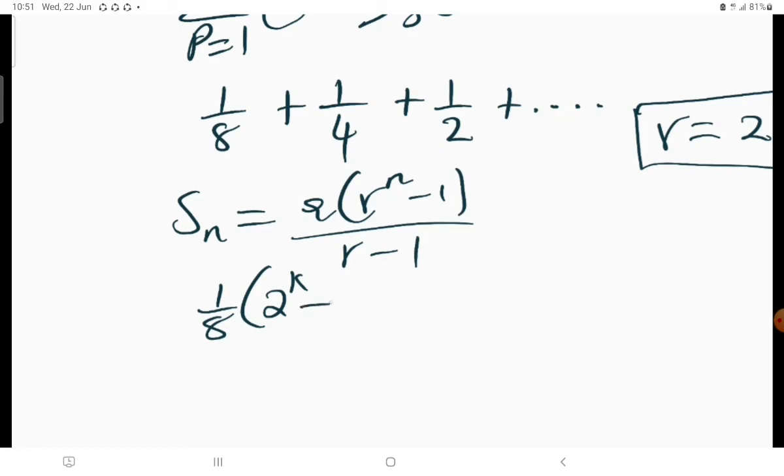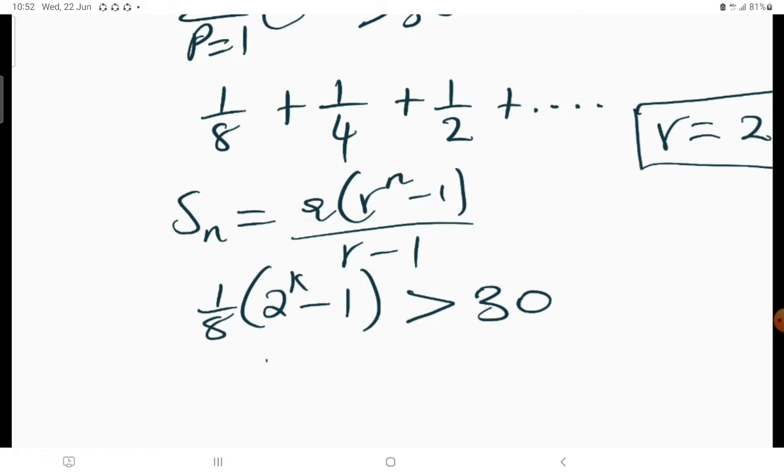Then minus 1, all divided by R minus 1, which is just 1. So this is the sum, which is now greater than 30.